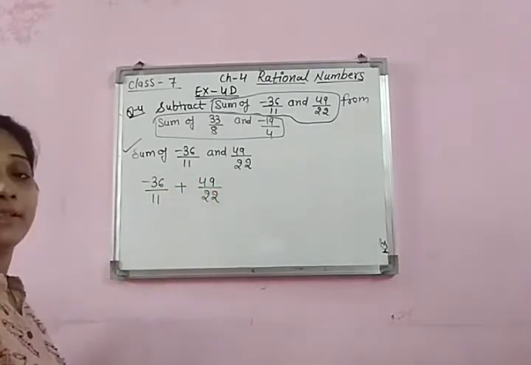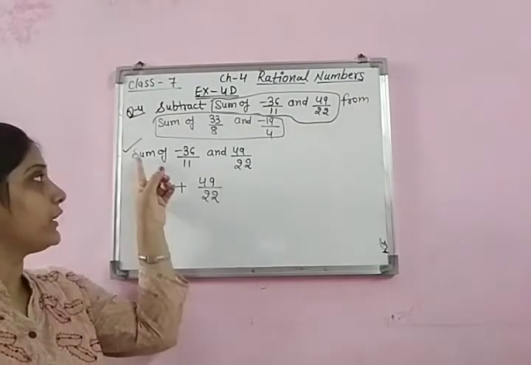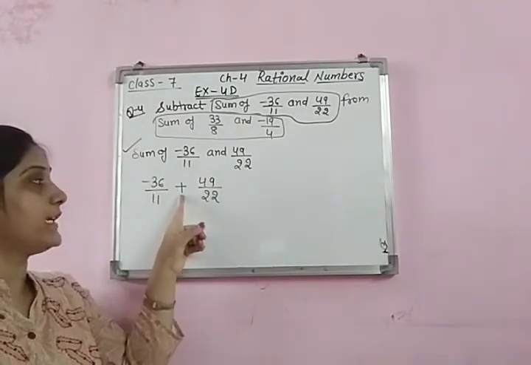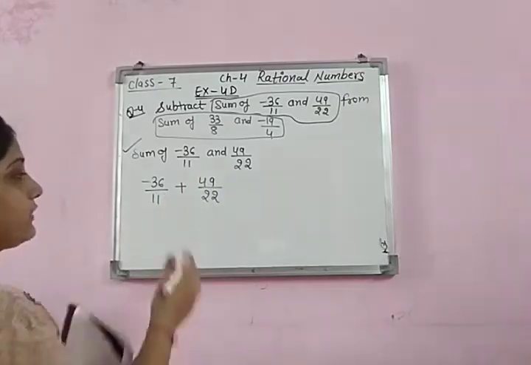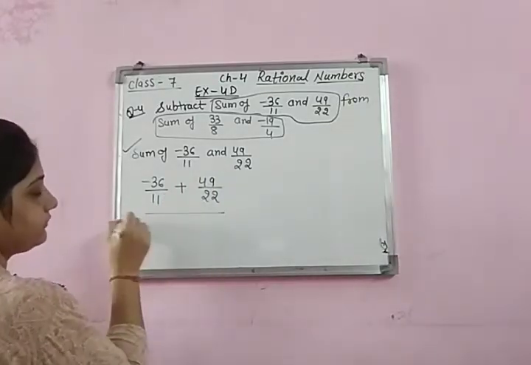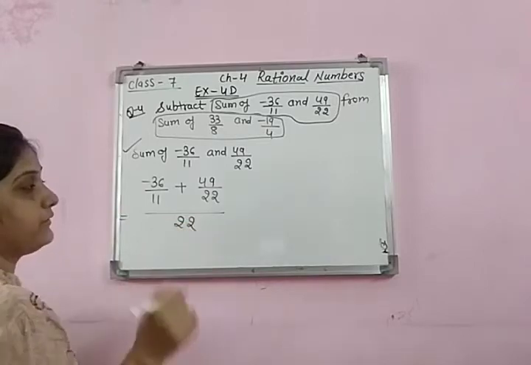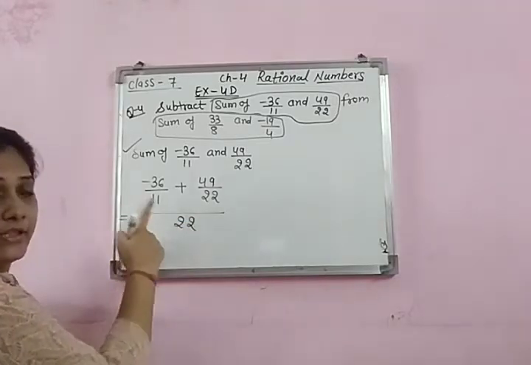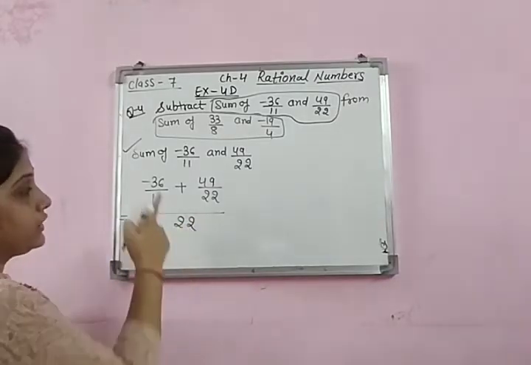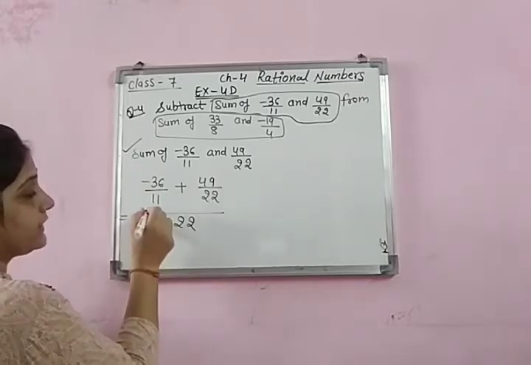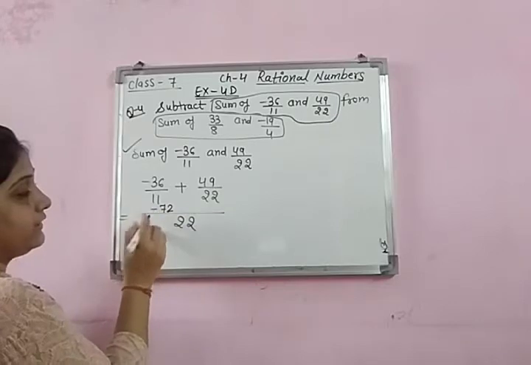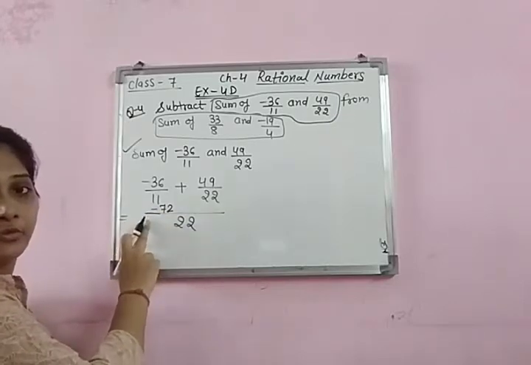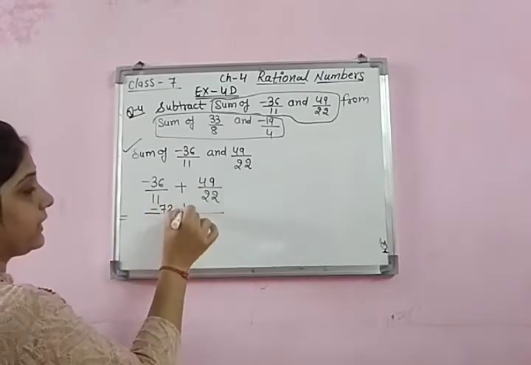I think this concept is clear, because sum means addition. That's why I have to replace 'and' by a positive sign. Now take the LCM, which we already learned in our previous videos. 11 times 2 is 22, and 2 times 36 is 72 with the negative sign. So negative 72 gives us the product.